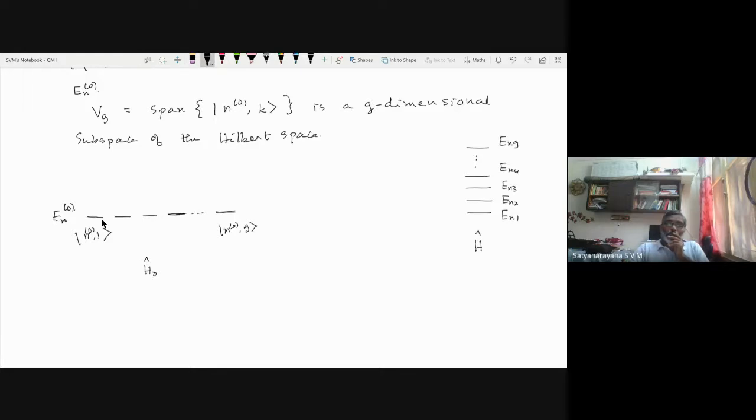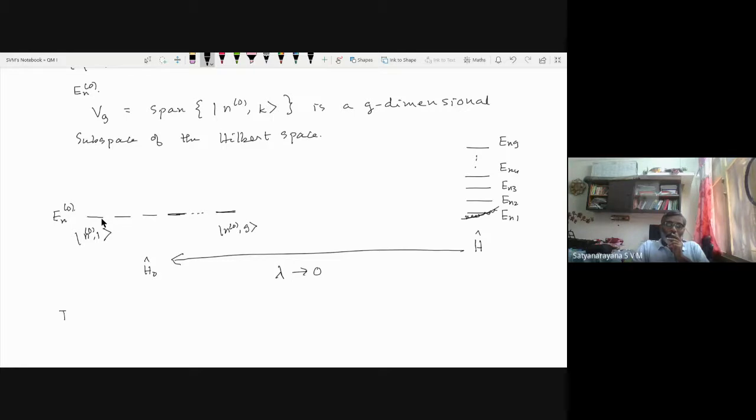Now suppose I know these energies, or I know these states. If I imagine going back to the unperturbed problem by setting lambda tending to 0, will I get back to these states?